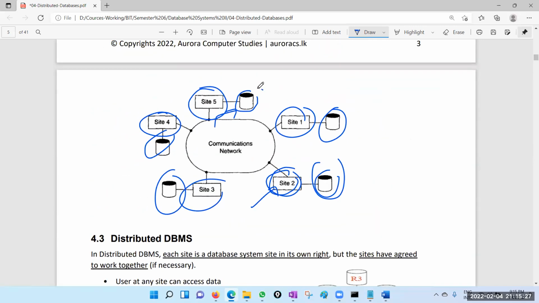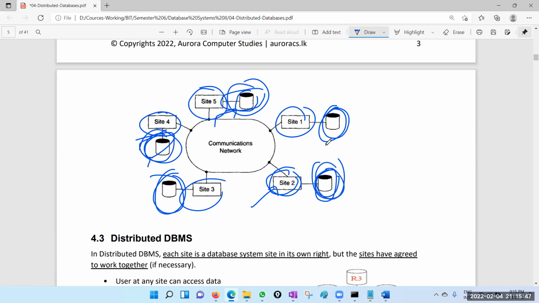Heterogeneity means that if all these databases are of the same type, say Oracle, then it is a homogeneous distributed database. But there is a possibility that this database is Oracle, this is Microsoft SQL, and maybe again Microsoft SQL, then Oracle, etc. Though they are different technologies, these databases still act as one logical database. Then it is a heterogeneous distributed database.